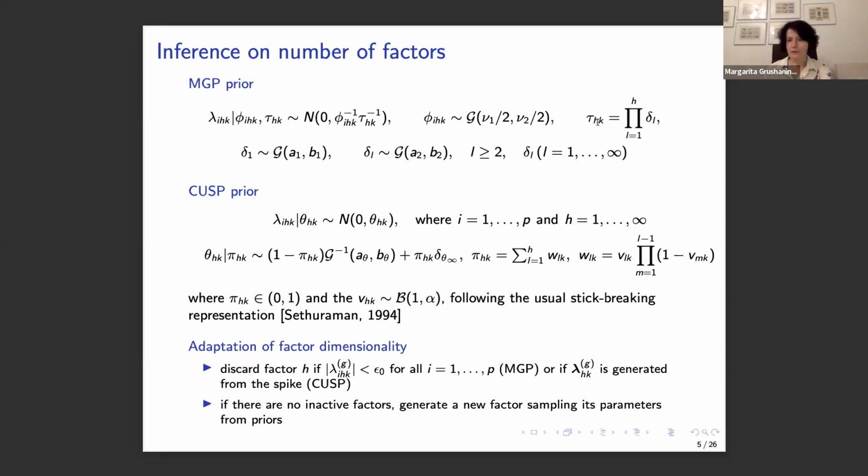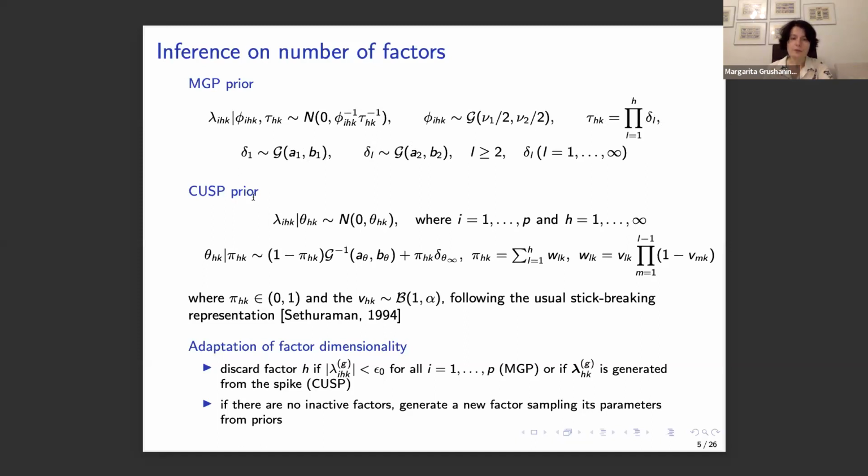And this tau actually represents a product of gamma distributions, so delta with the column index l follows a gamma prior, and of course, as the column index grows, we have more of these gamma priors, and the magnitude of this tau will be less.